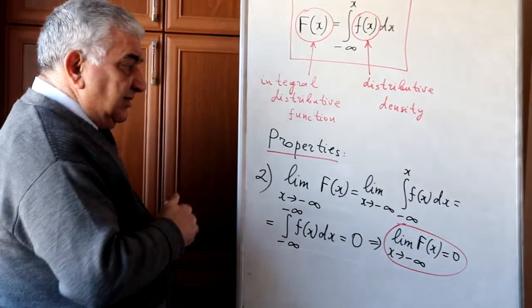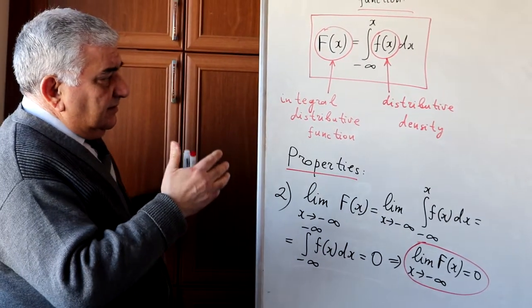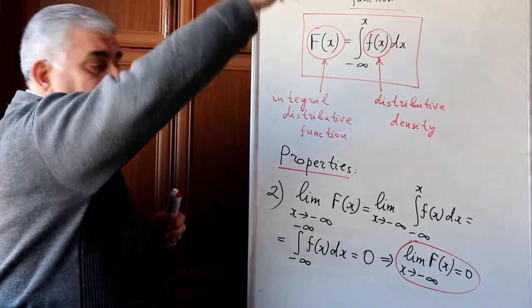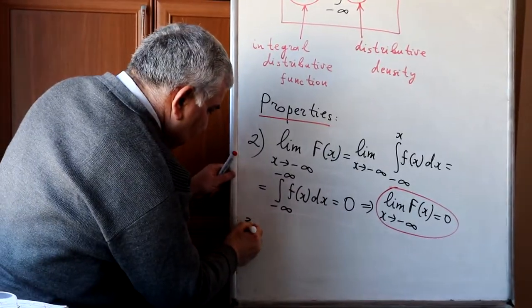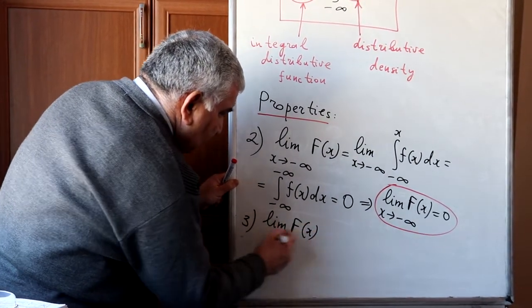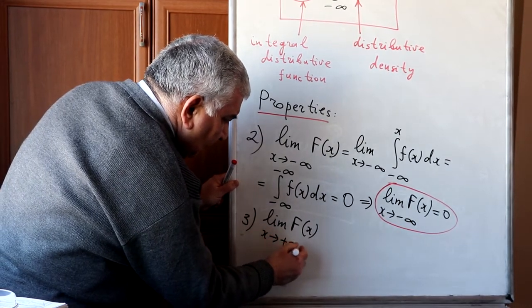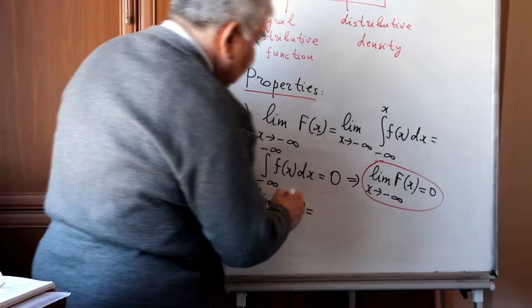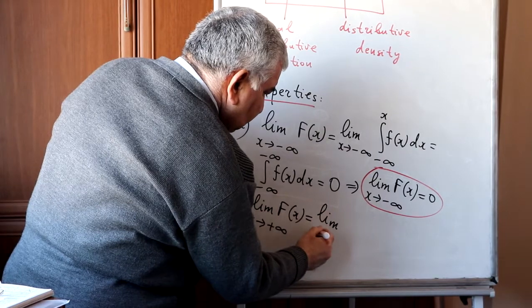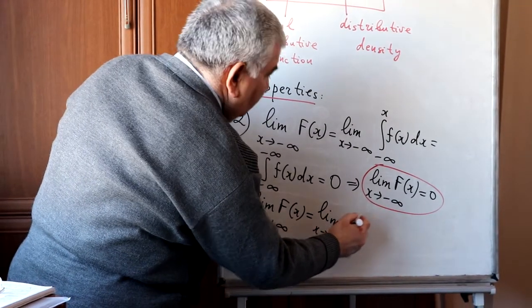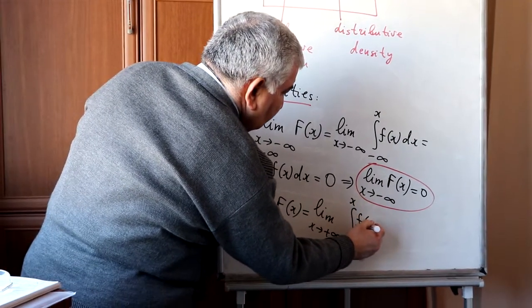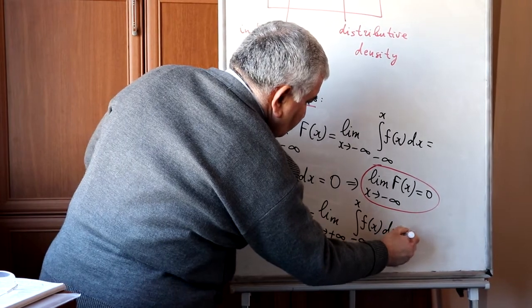And finally, consider the behavior of the integral distributive function at plus infinity. For this, find the following limit. Limit F capital of x when x tends to plus infinity equals, substitute the expression of F capital of x, limit when x tends to plus infinity, integral from minus infinity to x f little of x dx equals.